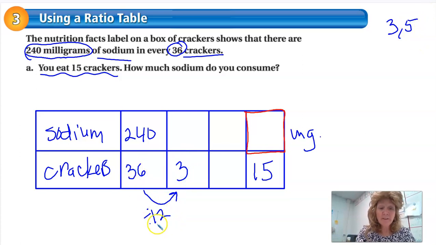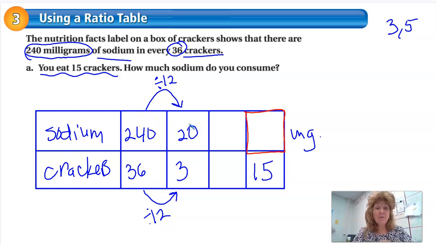And 36 divided by 3 is 12. And 240, this gets a little bit harder, divided by 3. Of course, the number that I divide both of these by has to go evenly into both of them. Okay, so I got 80.